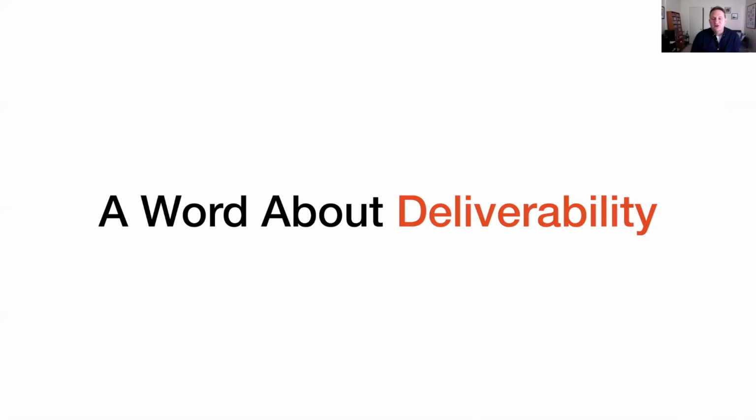The other way it's helpful is deliverability. This can get technical, so I'm not going to go too far down that rabbit hole. But basically, anytime someone replies to your email or mass email that you send, it sends a signal to Gmail and Outlook that you're not a spammer, right?